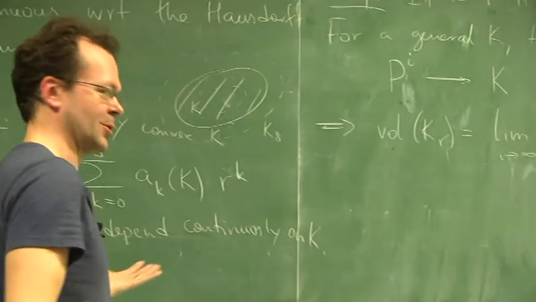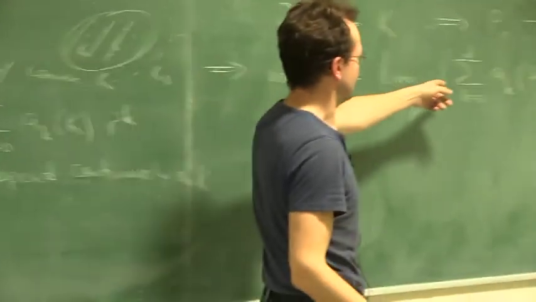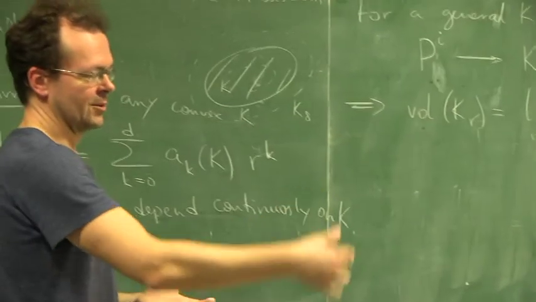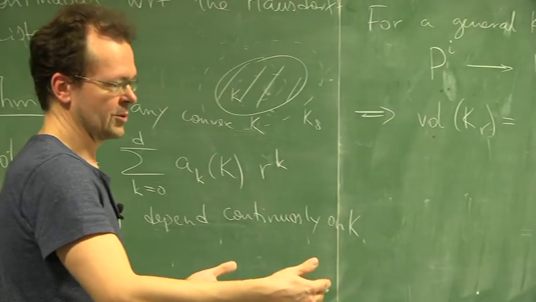What functions are pointwise limits of polynomials? Well, actually all functions are pointwise limits of polynomials, but in this case we have polynomials of bounded degree. And a sequence of polynomials of bounded degree can converge pointwise only to a polynomial.